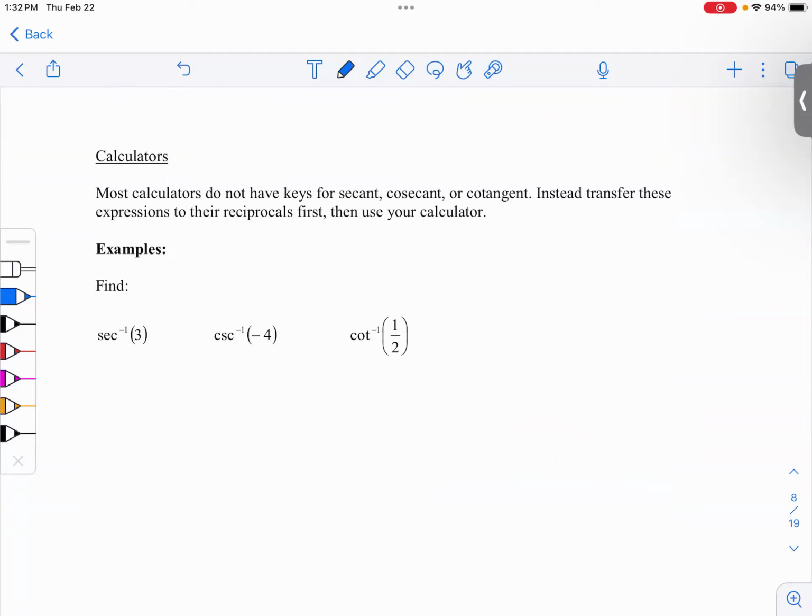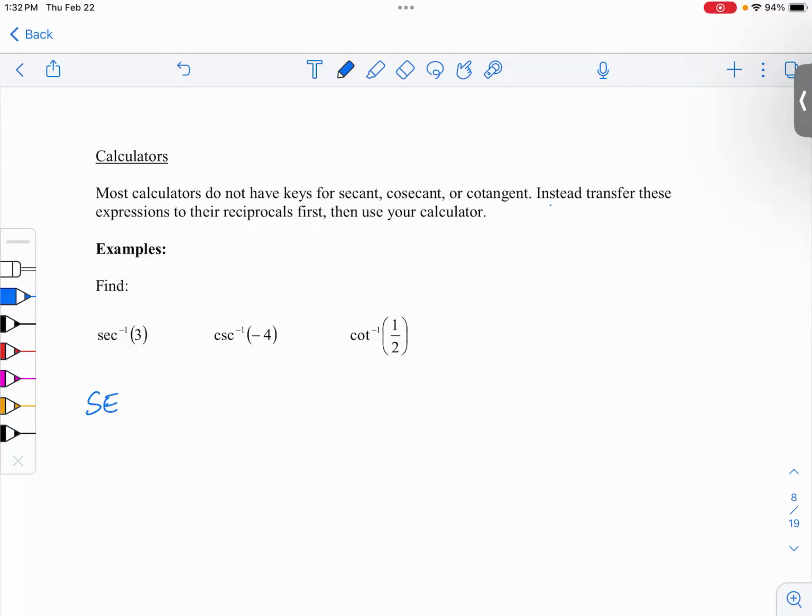But in order to do a reciprocal function, so secant for cosine, instead you transfer the reciprocal inside the equation.